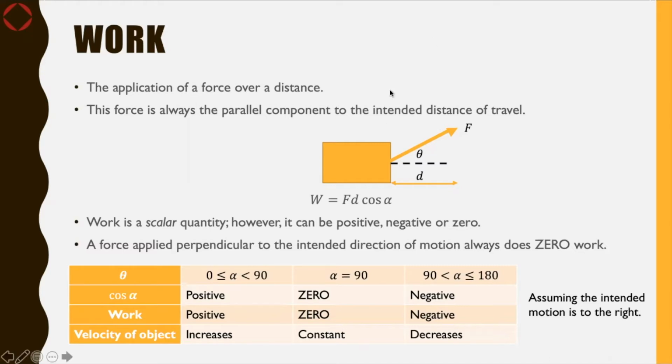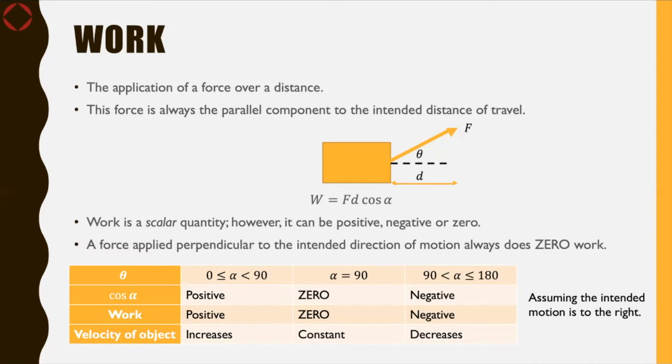We can have an angle of 90, making no work at all, or we can have an angle bigger than 90, smaller than 180, going to the left. Now, if your intended motion is to the right and you are applying force to the left, the only thing that you will do is decrease the velocity.